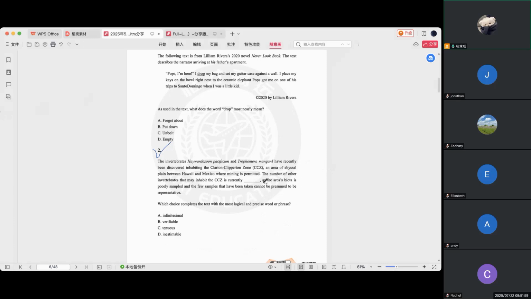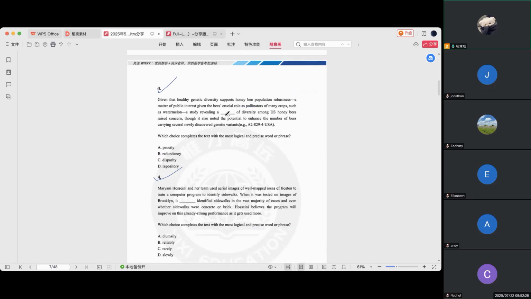And then after this phrase, it says that as the area of biota is poorly sampled and few samples have been taken, it cannot be presumed to be representative, which means it's very hard to do the estimation because the sample is not sufficient. So that's why it will be inestimable. So option D would be a better choice.